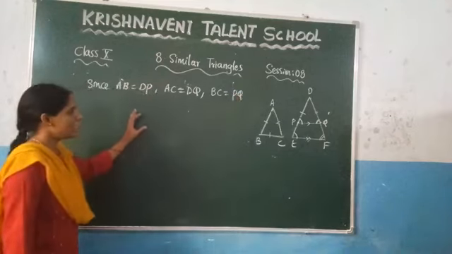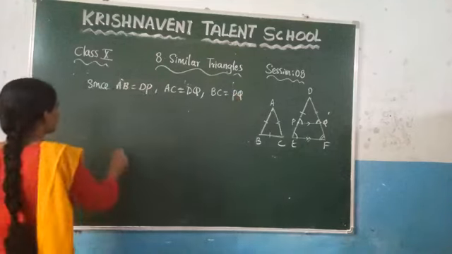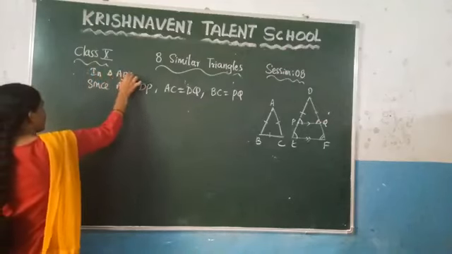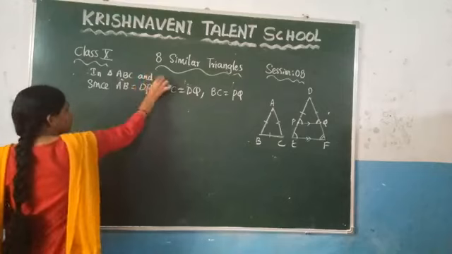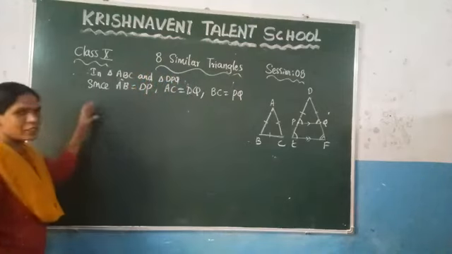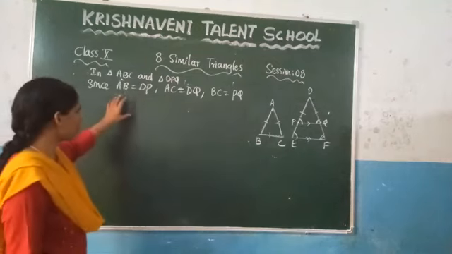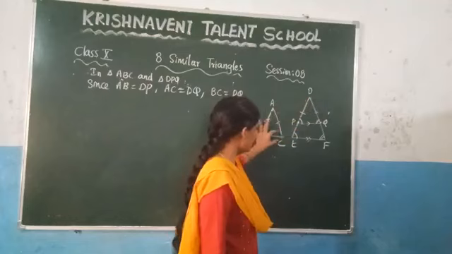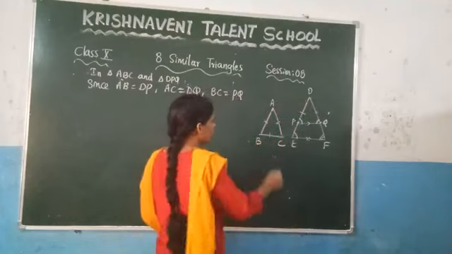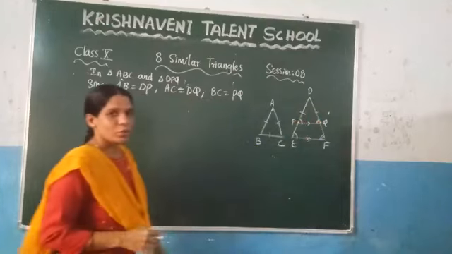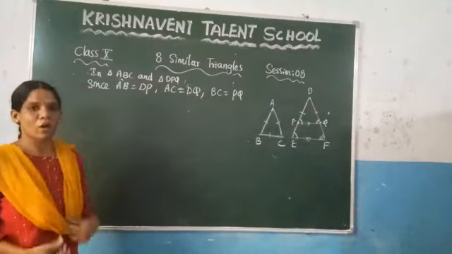So in triangle ABC and in triangle DPQ, if you consider these two triangles, we can observe that this side is equal to this side, and this side is equal to this side. So by SSS criterion, you know that these two triangles are congruent.